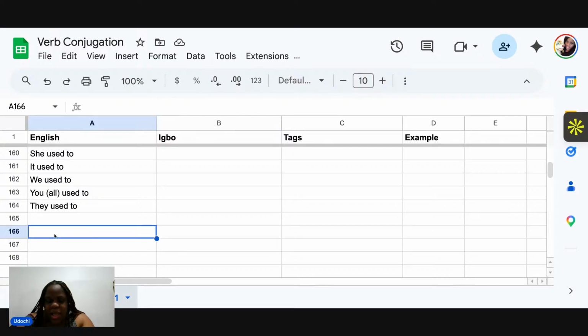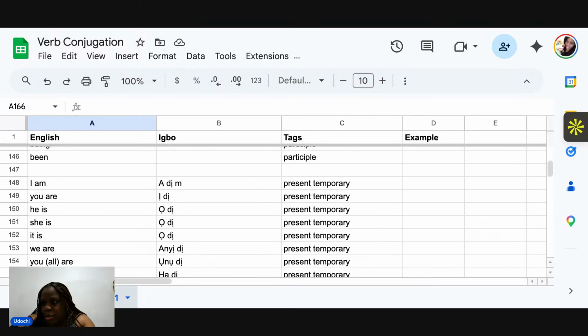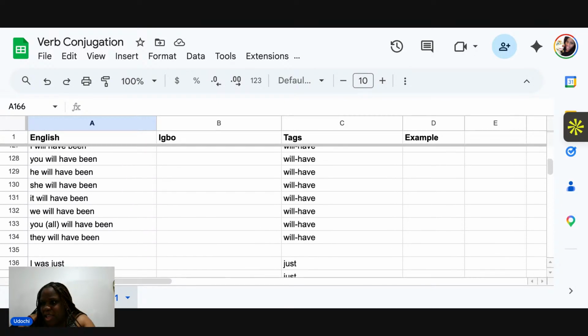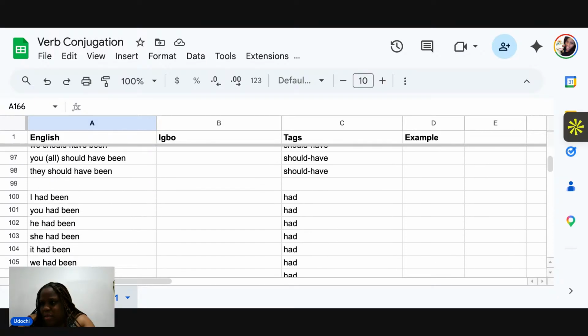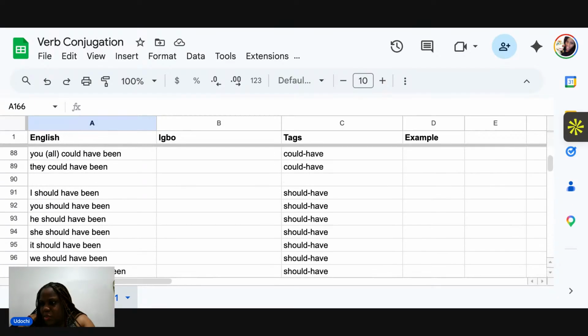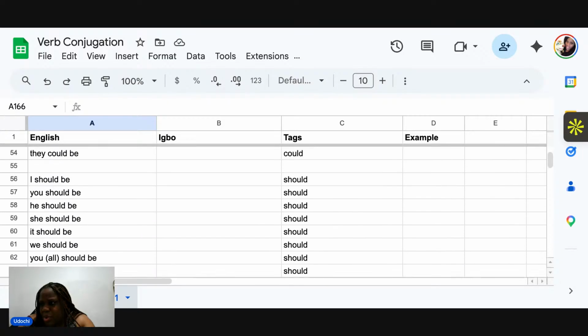Let's put in I has. I have. He has. She has. You have. Do I have that? He have. Will have. Was. Am. Had. What about has? Nope. This guy's thing is so incomplete.